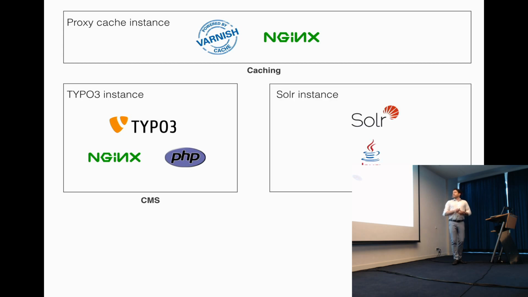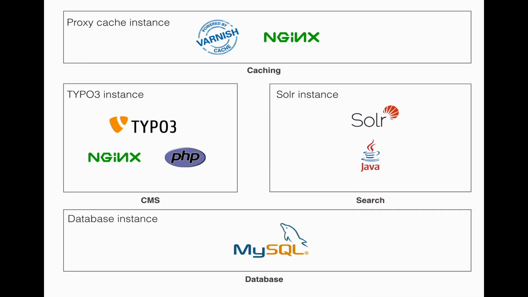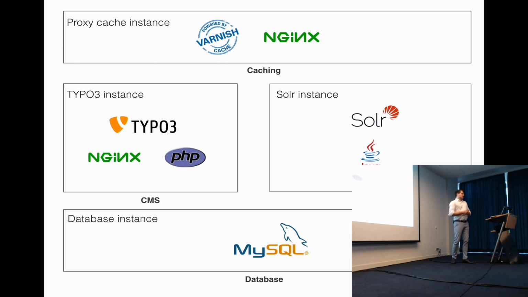And we have a Solr instance running with Java, and underneath the MySQL database. So this is our next stack, and it's working fine. Because this is scalable, we can run more instances of Typo 3 or increase the database performance and make this website ready for more visitors and provide better performance.